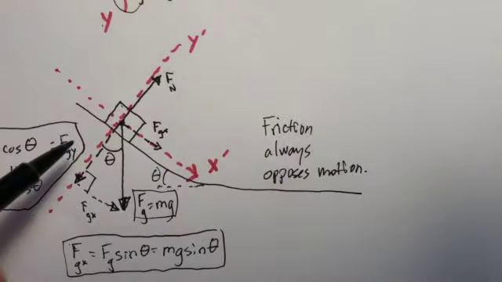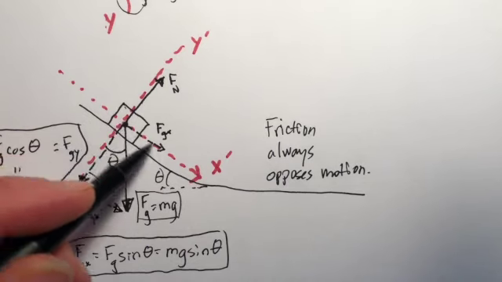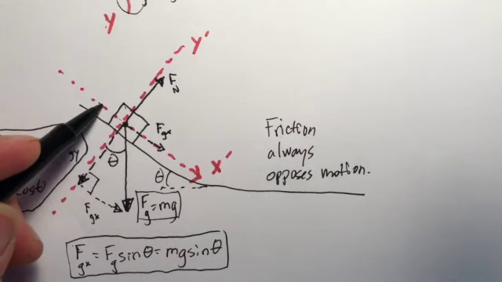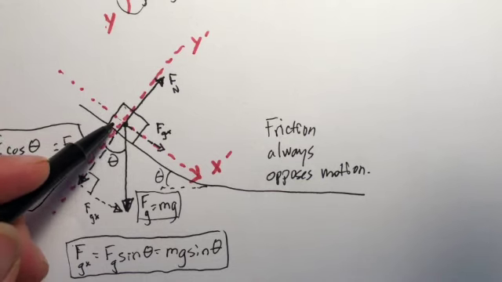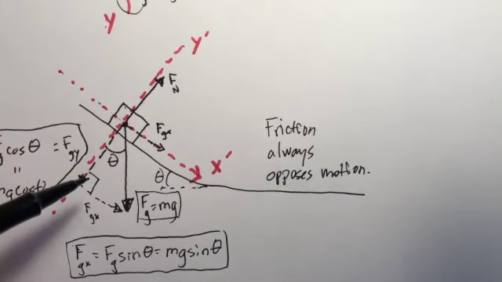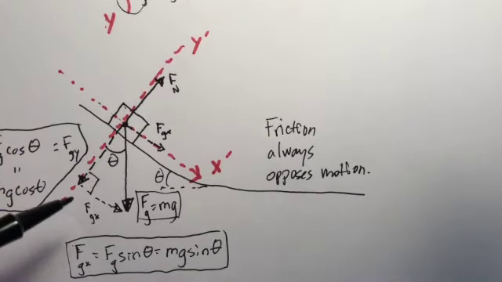All right? If this object is just sitting here, what motion does it want to have? It wants to slide down. Well, if it's just sitting there, what's holding it there? In that case, it would be static friction going up the hill. What if I pull this up the hill? Then kinetic friction will be fighting going backward. What if it's sliding down the hill? Kinetic friction will be going uphill that time.